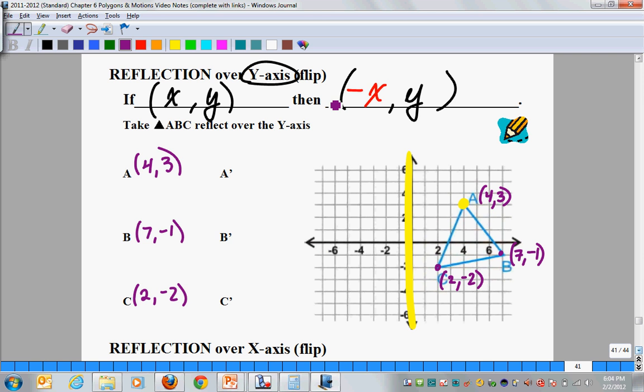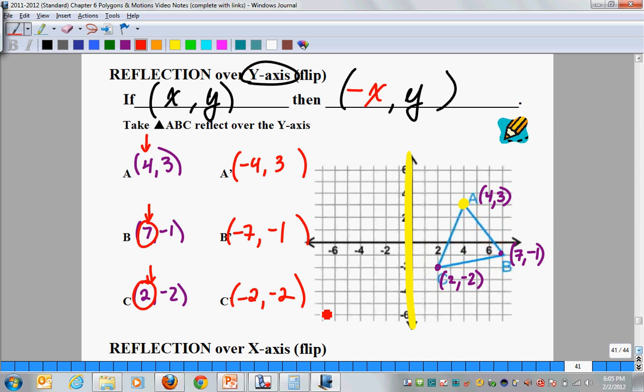So again, to flip over the y, we opposite just the x components. So we're going to go -4, 3, opposite, -7, -1, opposite, -2, -2.